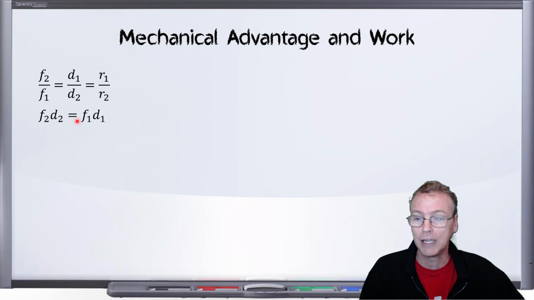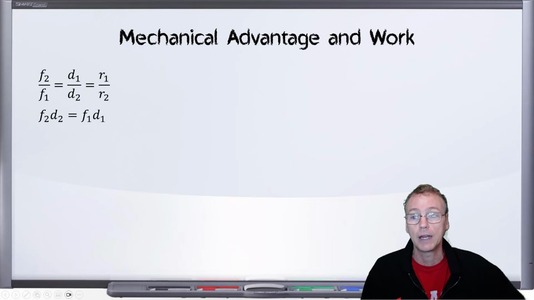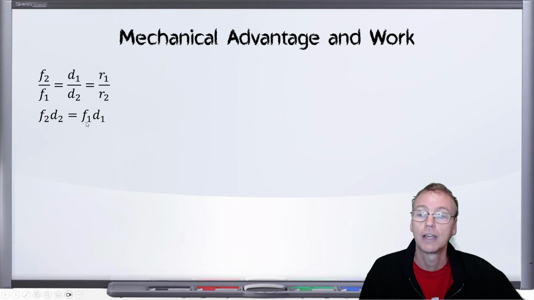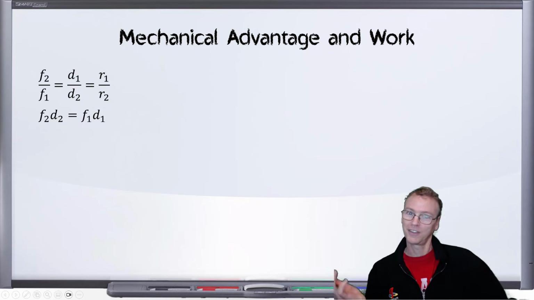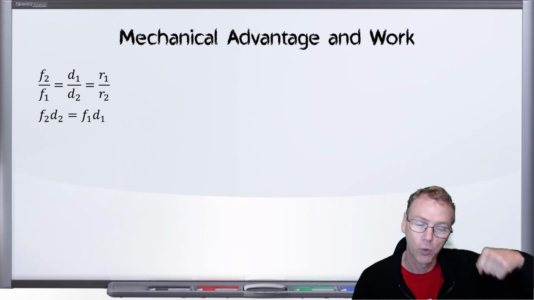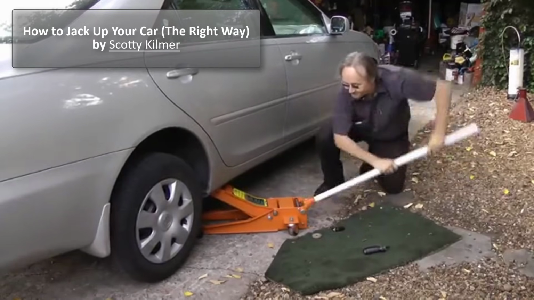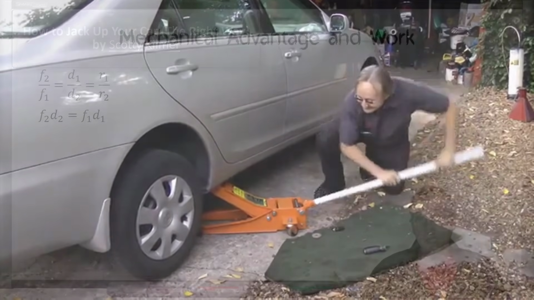So if we want to increase the force on the other end, we're going to get much less distance than we put in. We're going to have to put in extra distance if we want to get extra force on the outside. And that's exactly how the jack works when you're trying to jack up a car. You have to pump it a whole lot of times to get the car to move a few inches.